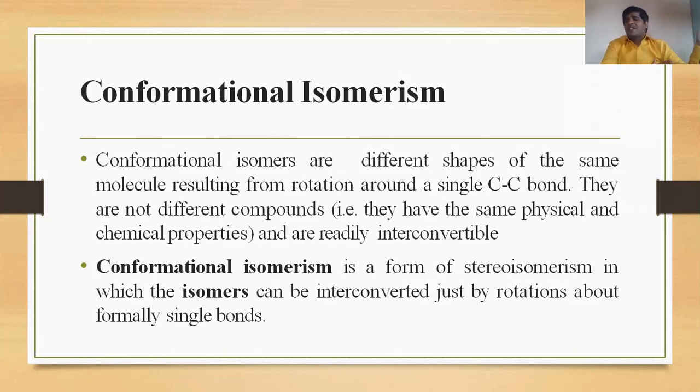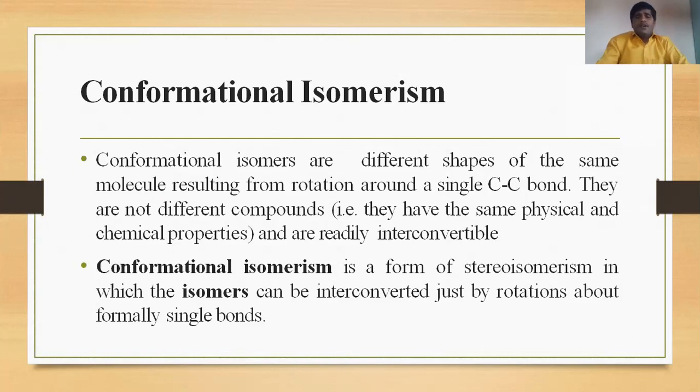Just like optical isomers have the same physical and chemical properties, conformational isomers also have the same physical and chemical properties. But the difference is in geometrical isomers. Geometrical isomers have different physical and chemical properties. That's why we can easily distinguish cis and trans isomers by different physical and chemical methods. That difference you have to keep in your mind.